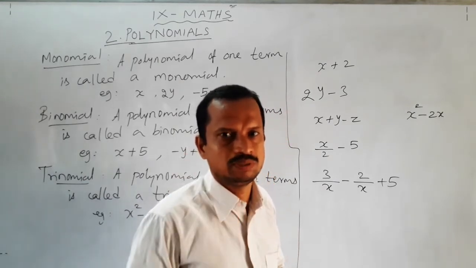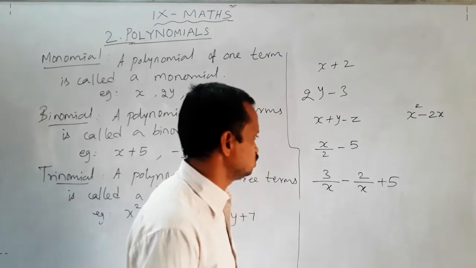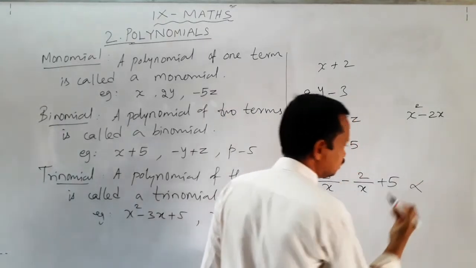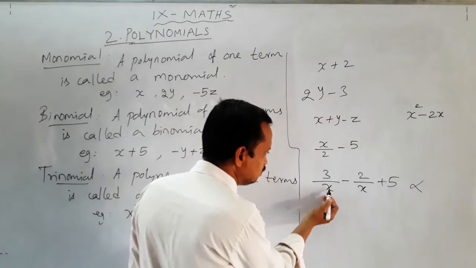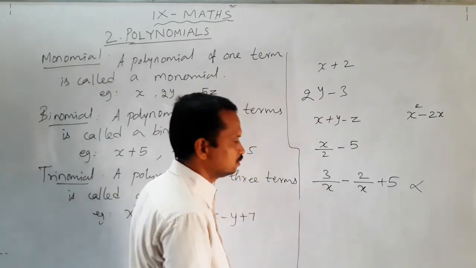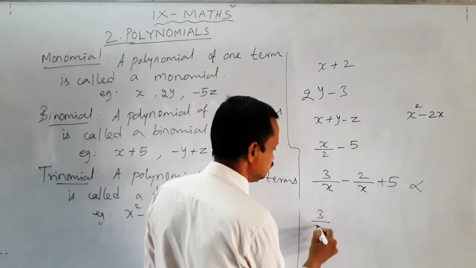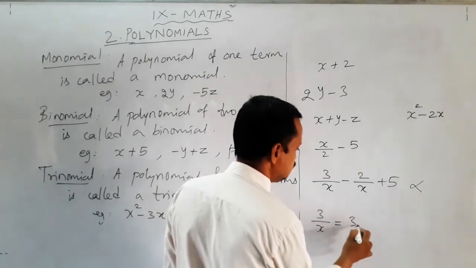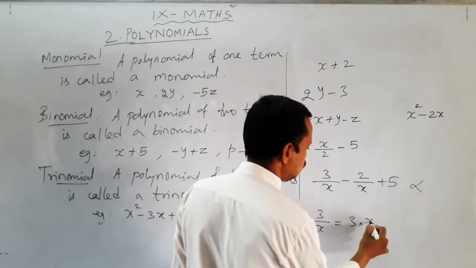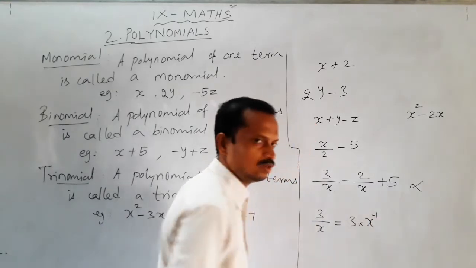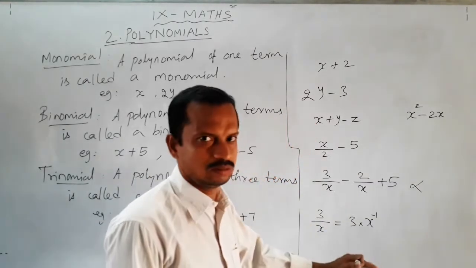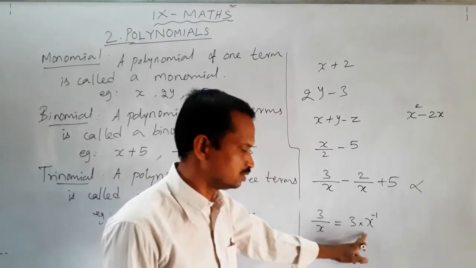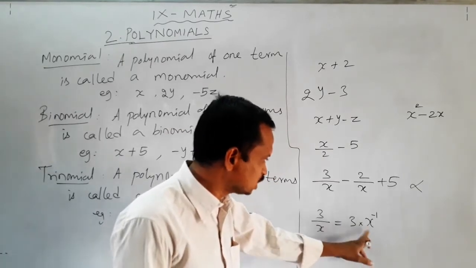That is the polynomial. But why, sir, is this not a polynomial? I am saying this because the variable is in the denominator. Simply, 3 by x we can write as 3 into x power minus 1. If you write it avoiding the denominator, then this is 3 into x power minus 1.